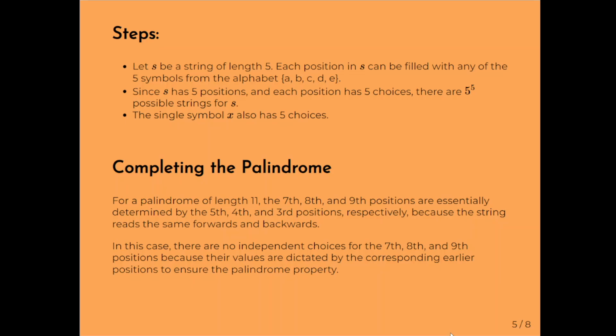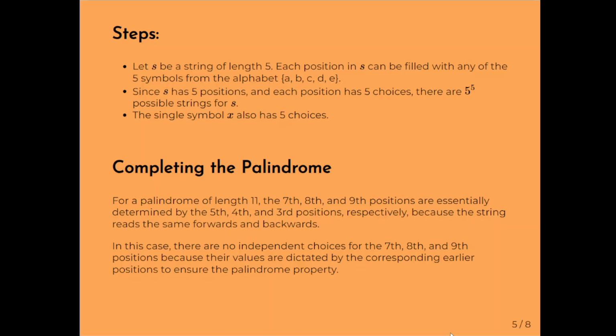Now, just as a remark, for a palindrome of length 11, the 7th, 8th, 9th, and also 10th and 11th positions, I just went 7 to 9 there for the sake of brevity, are essentially determined by the 5th, 4th, and 3rd positions. And again, the 10th and 11th are determined by the 1st and 2nd, and so on, because the string must read the same way forwards as in reverse.